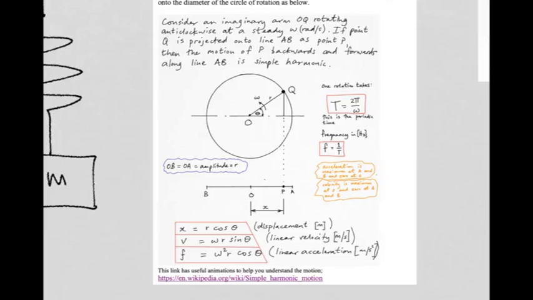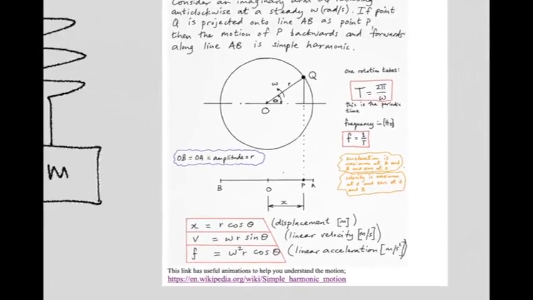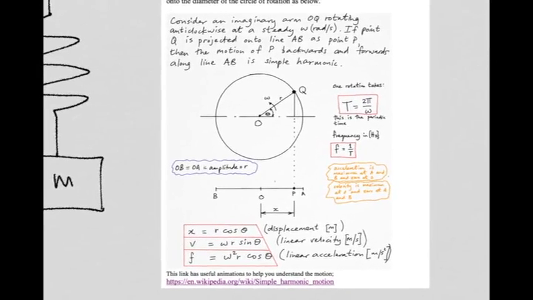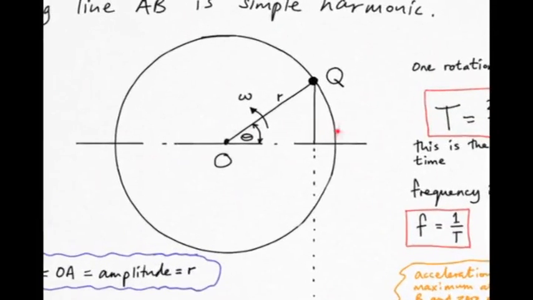So let's start with a few important formulae. Displacement is probably the easiest one to figure out, because basically cos theta is x over r if you consider that small triangle. So we can relate x, the displacement, to r cos theta, theta being the angle from the horizontal to where the imaginary line is at any one instant.